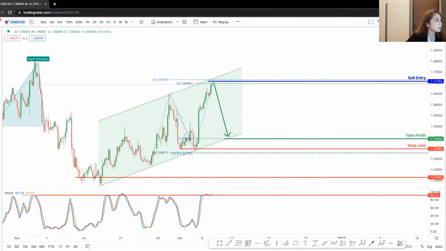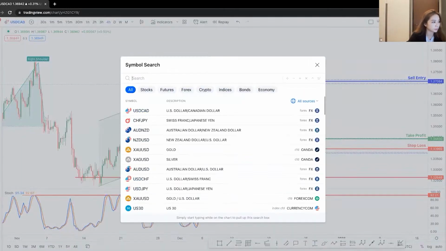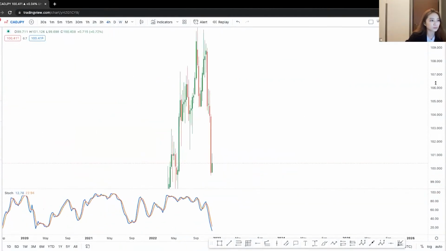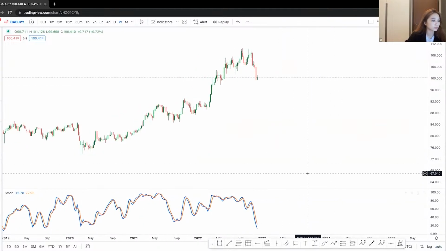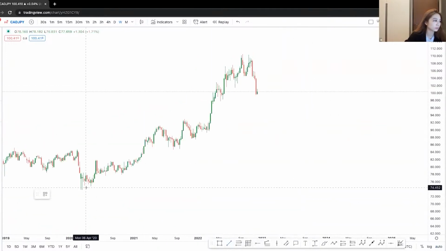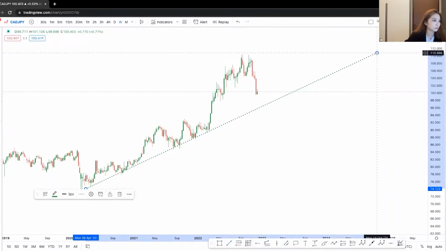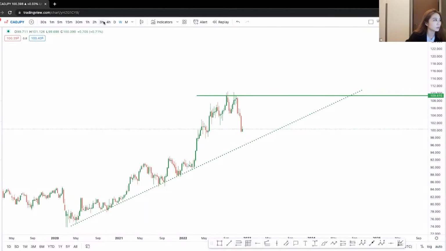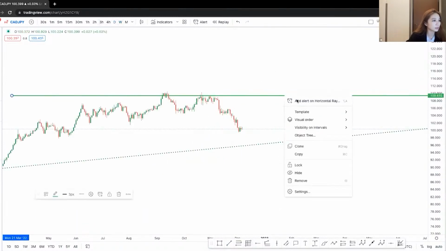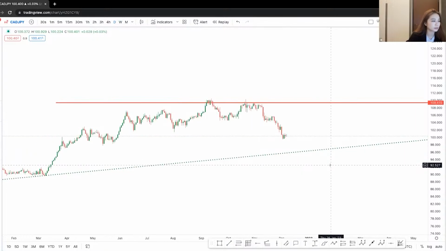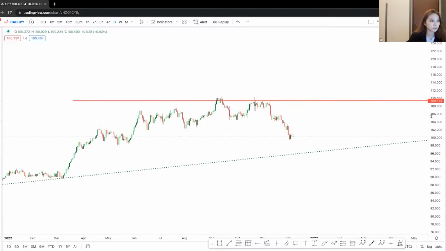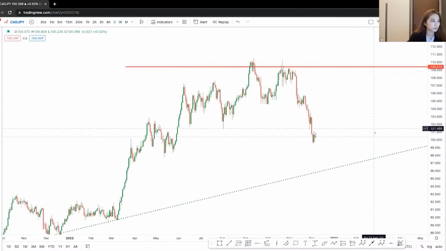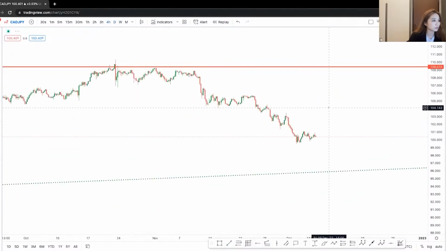Okay, I guess not. Let's look at yen. Upward moving as well, resistance here as well. Let's look at daily. Let's change this to red. H4.